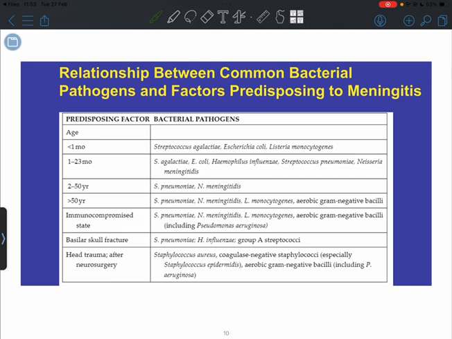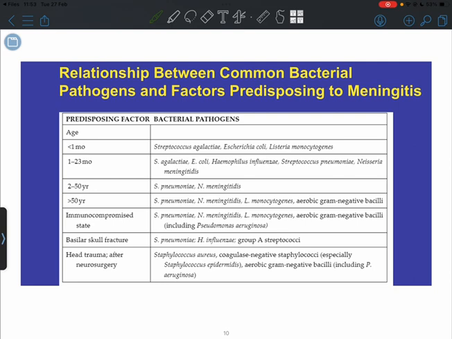Well, normally, that age group, they have one thing in common, which is a weakened immune system, okay? And you can see the big players from age 2 to 50, and you can safely guess they are the most virulent, isn't that so? They are the most virulent, Strep pneumoniae and Neisseria meningitidis, 2 to 50.